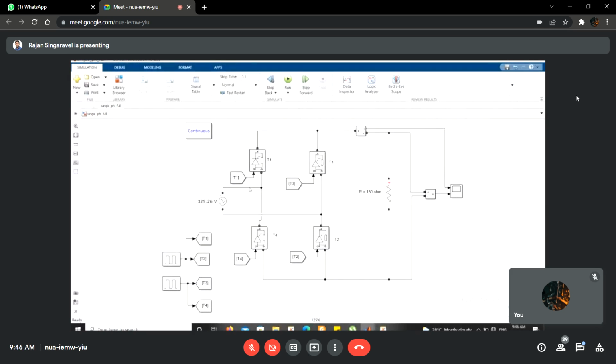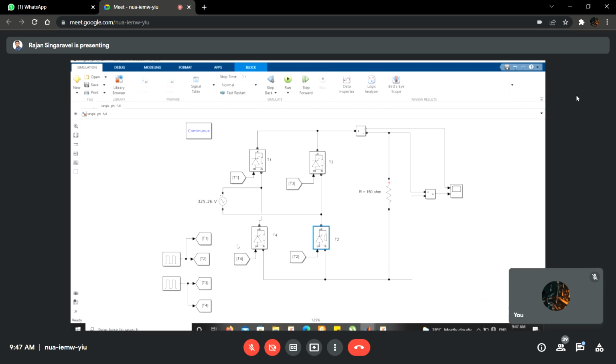In this circuit, as we have discussed, the thyristors T1 and T2 should receive identical pulses, and T3 and T4 will receive identical pulses, which will be complementary to the pulses of T1 and T2, that is, 180 degrees shifted from the T1, T2 pulses.